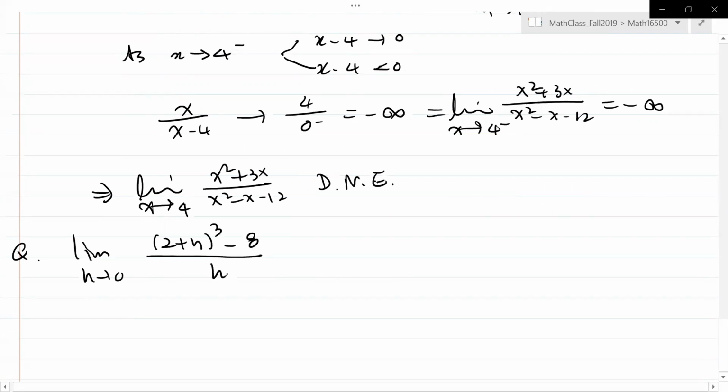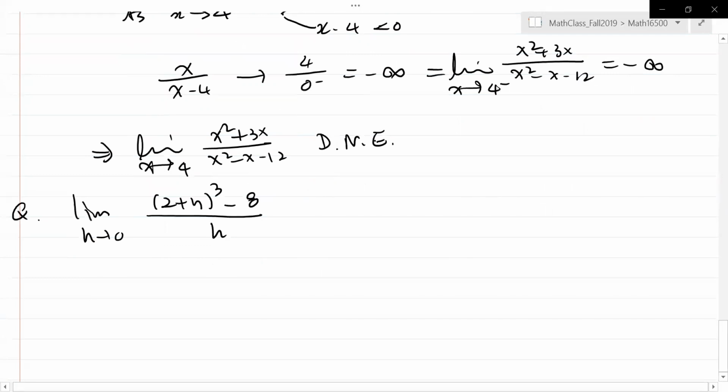Okay, so let's look at the limit of (2 plus h) cubed minus 8, divided by h, as h approaches 0. When you plug 0 in for h, the numerator and denominator are both 0.